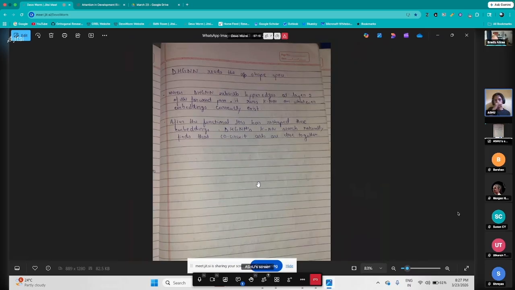So after the functional hyperedges are known, like the cells that are actually closer in the adult C. elegans, the dynamic hypergraph neural network will find the embeddings layer by layer.